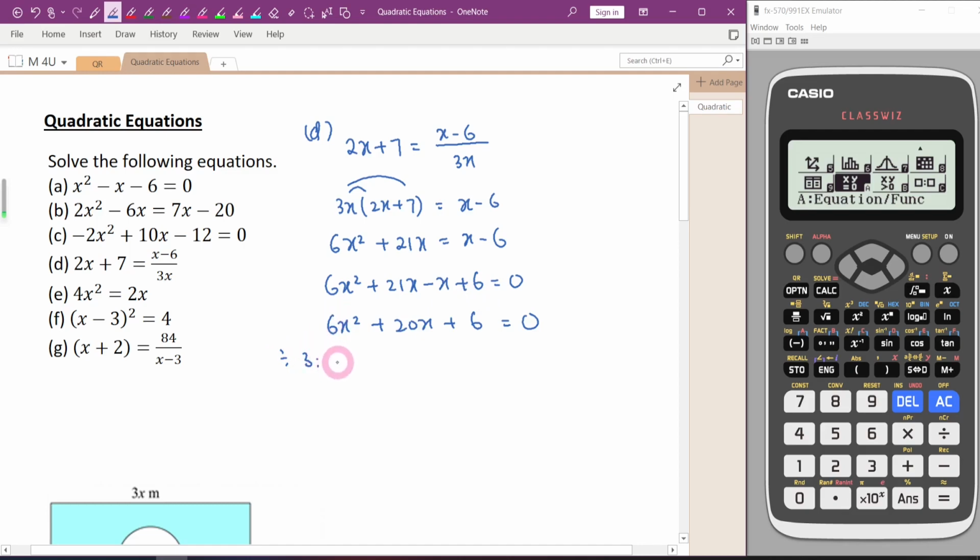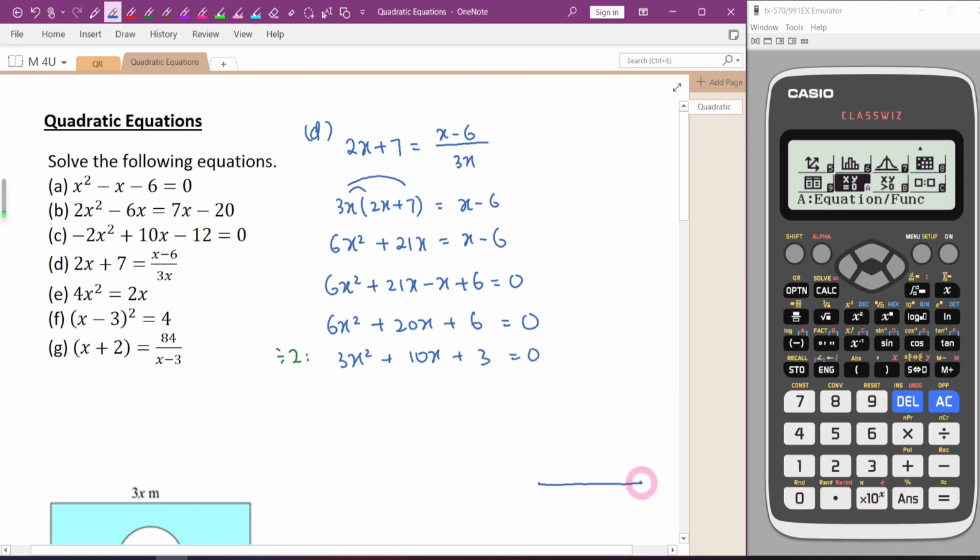So 6 divided by 3, you'll get 2x squared. Oh, sorry, I need to divide this equation by 2, not 3, because 20 cannot be divided by 3. Divide this whole equation by 2. So this will be, let me use back blue color, 3x squared plus 10x plus 3 equal to 0.